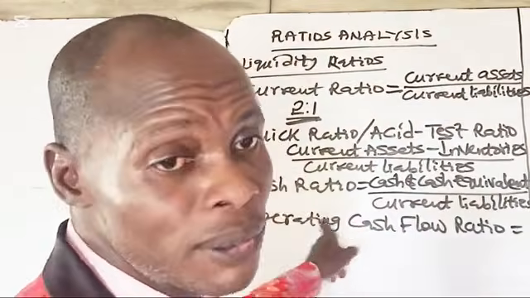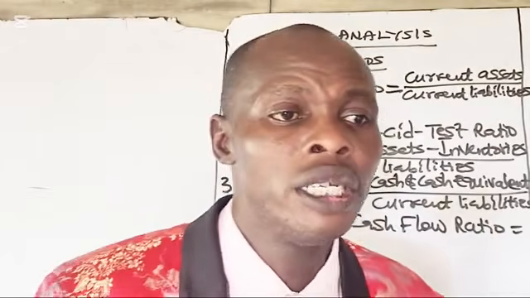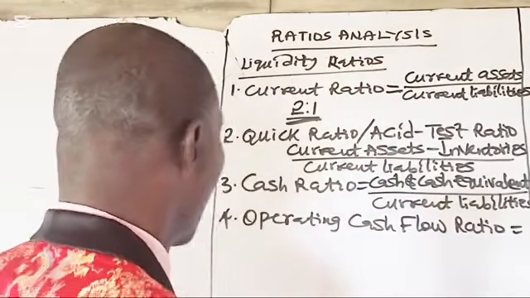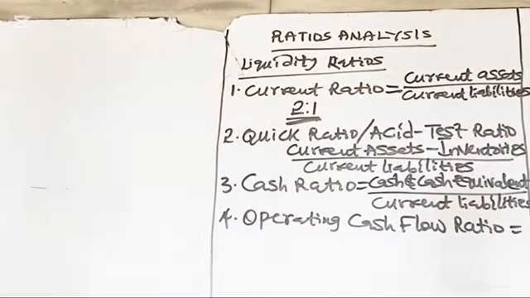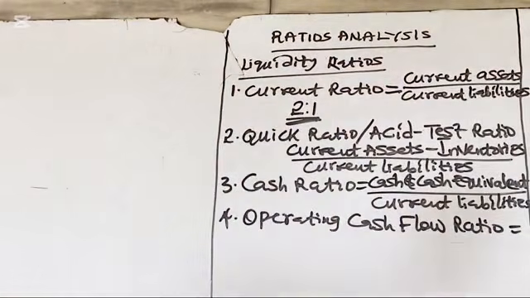So operating cash flow ratio is operating cash flows over current liabilities. This is the ratio of operating cash flows to current liabilities.